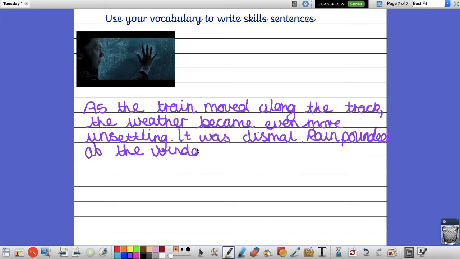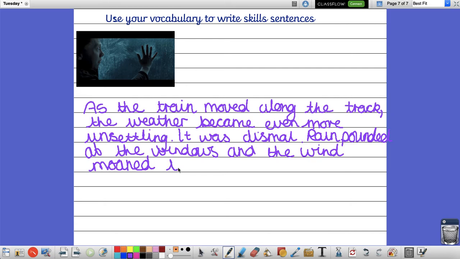Now I'm using a bit of personification in a way. I'm actually saying that the rain can do something, it can act like a person. And the wind, now I'm not going to put howled, we always use howled, I'm going to put the word moaned. Again, I'm using a bit of personification to describe the weather, making it feel like it's a person.